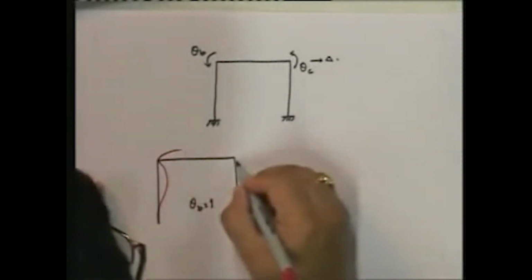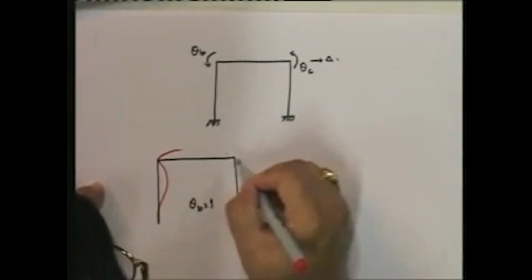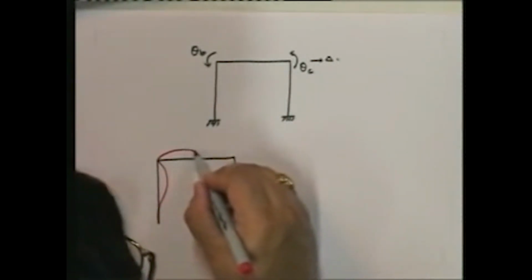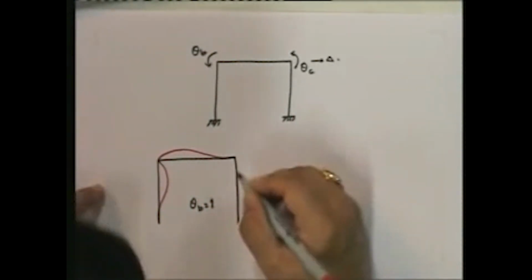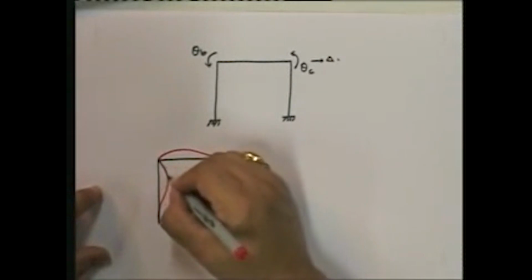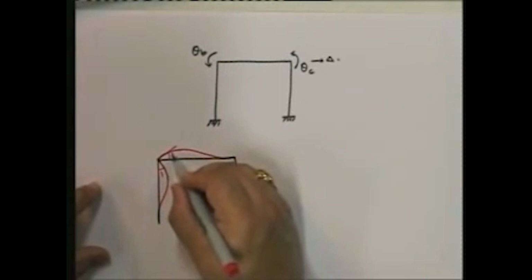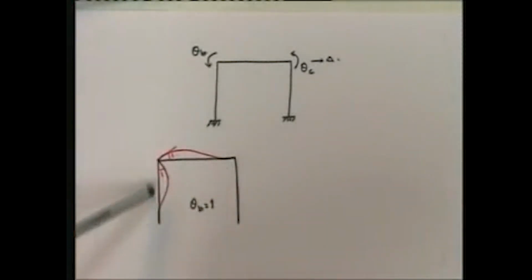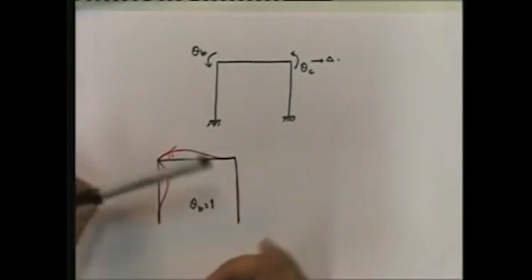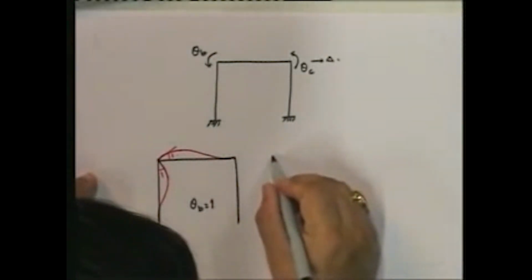This point cannot move because delta is equal to 0 and theta C is equal to 0, so this has to be fixed, and this remains exactly this way. But first I will draw all of them, and then I will write down the member end displacements relative to that.